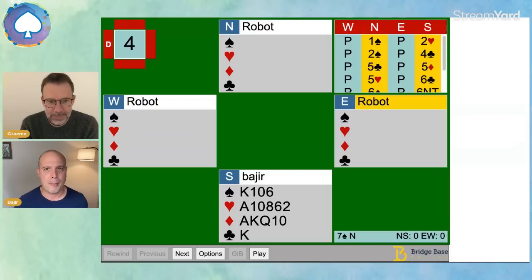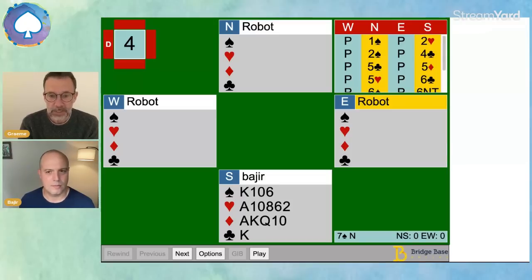All right. So a splinter is basically an unnecessary jump in a new suit. When you look at this auction, one spade, two hearts, two spades, had you bid three clubs, that would have been natural and forcing. So when you bid four clubs, it seems, why bid four clubs when three clubs would have done? An unnecessary jump like that is a splinter. And a splinter says that you have support for partner's suit, which you do.